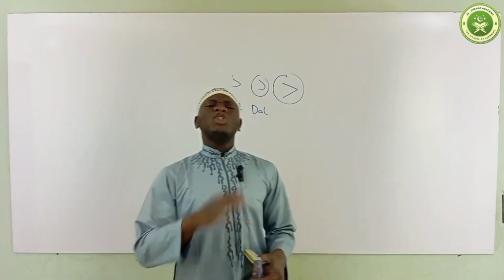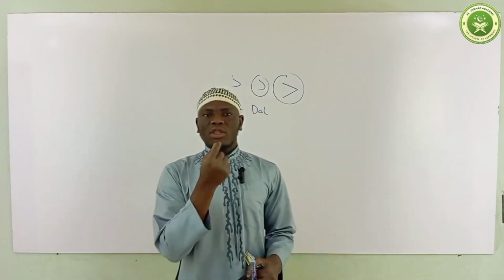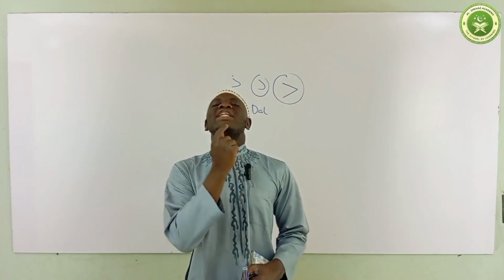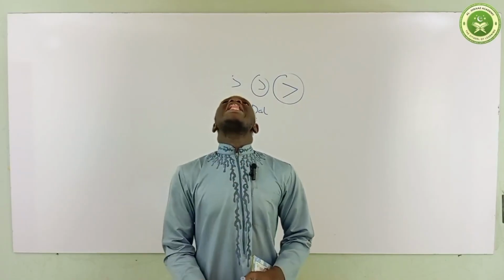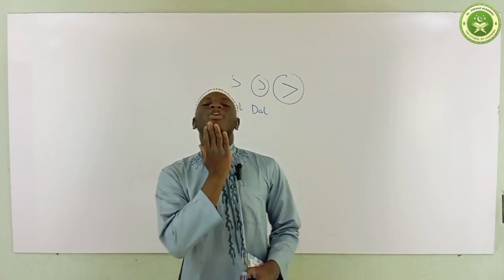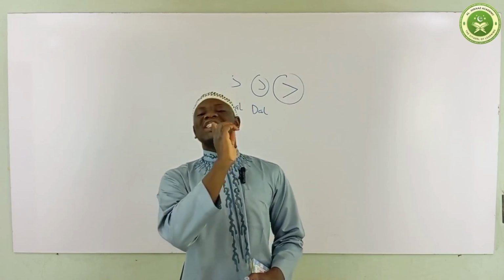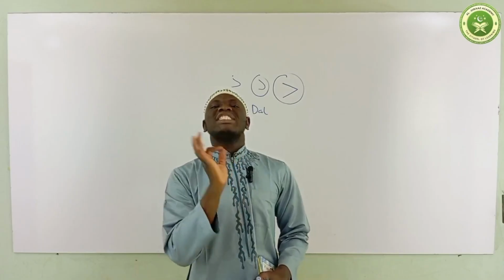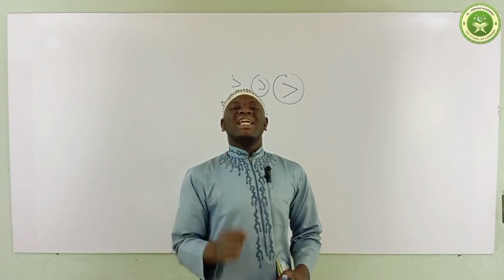For Dal, when you want to pronounce it, this is your tongue, the tip. It goes behind your upper teeth like this, to touch the upper part before the gum that attaches to the teeth, behind. It says dal, dal, dal.